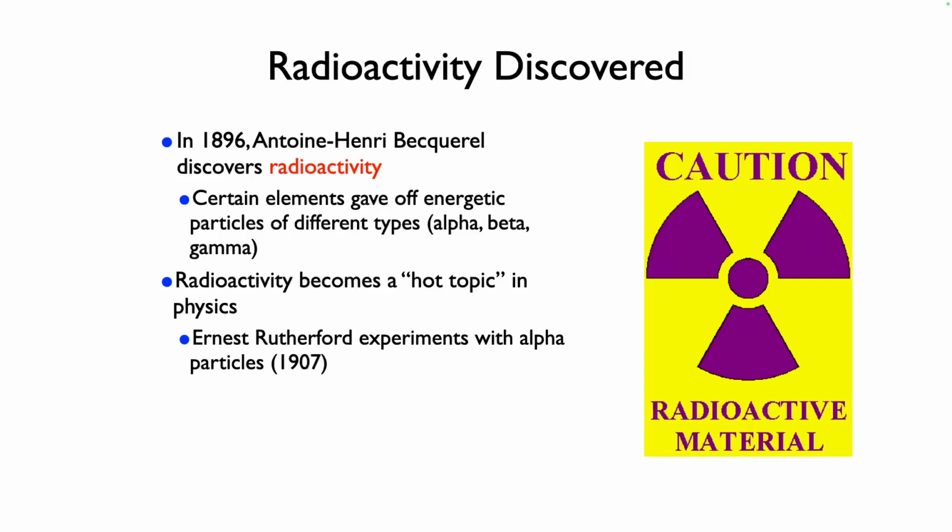Marie would become the first woman to win a Nobel Prize and the first person to win 2. There have only ever been 4 people that have won 2 Nobel Prizes. The other 3 were men, and the second prize was always the Nobel Peace Prize. Marie Curie is the only person to have ever won 2 science Nobel Prizes.